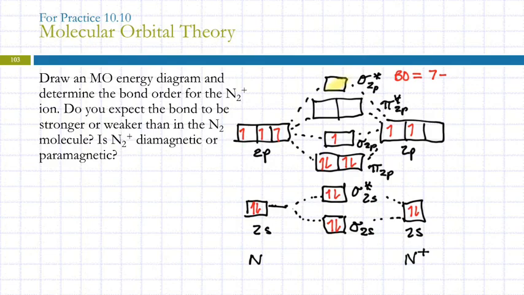Here, what I'm going to do is I'm going to highlight the antibonding orbitals so we can see them a little more clearly. So we have 2, 4, 6, 7 in the bonding orbitals and 2 in the antibonding orbitals. So 7 minus 2 divided by 2, that's going to be 5 halves, or 2.5.